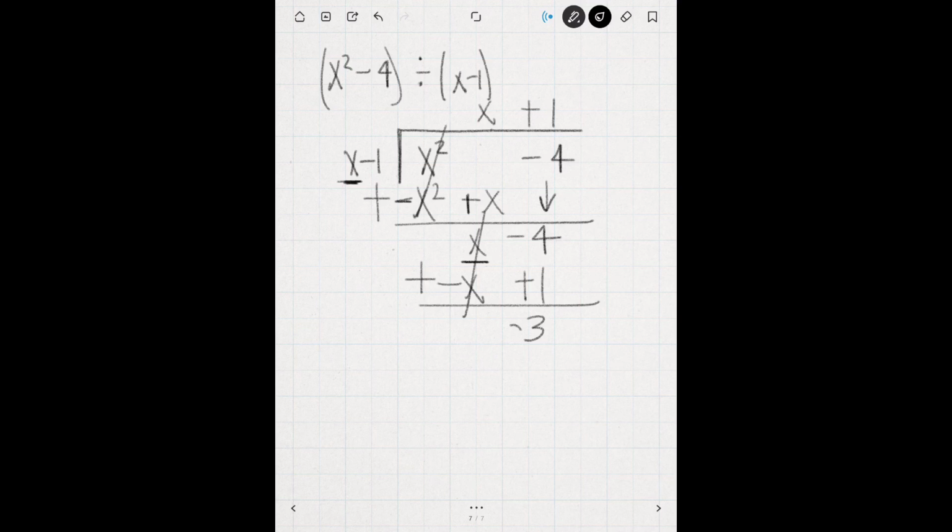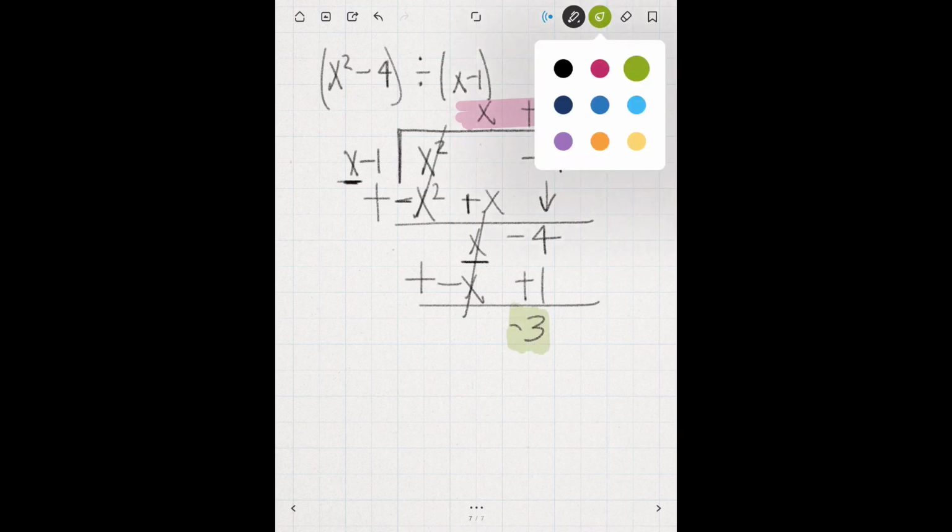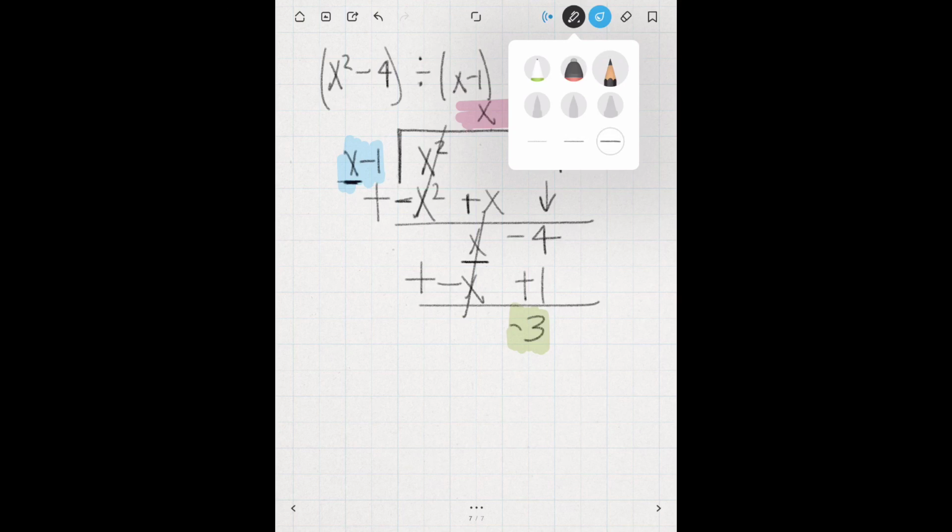So my answer is what's on top. What's on top, which is this. Okay, so I get, and then this divided by this is going to be my remainder, because they tell you in this problem specifically something about divisor and remainder.